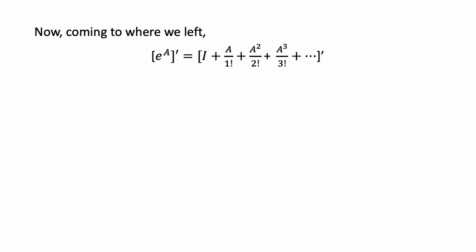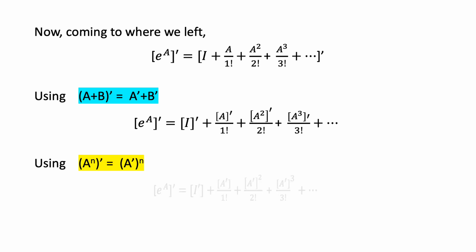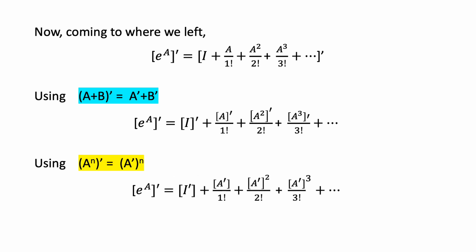Now coming to where we left off, e to the power A dash, we took the transpose on both sides. Using the identity that the transpose breaks down over addition, the right-hand side breaks down into I dash plus A dash upon 1 factorial and so on. And again using the identity (A to the power n) dash equals (A dash) to the power n, we are left with e to the power A dash equal to I dash plus A dash plus (A dash) square and so on.